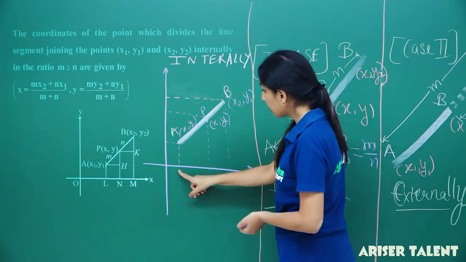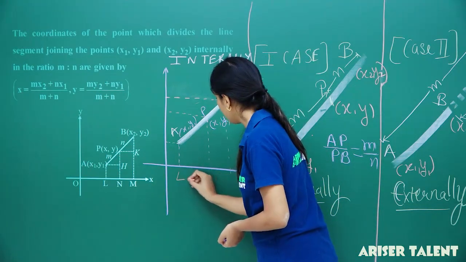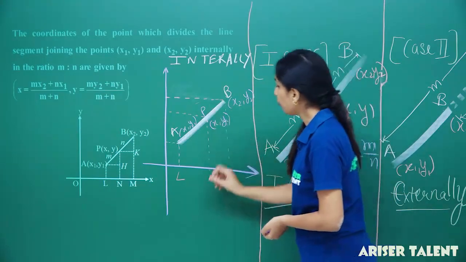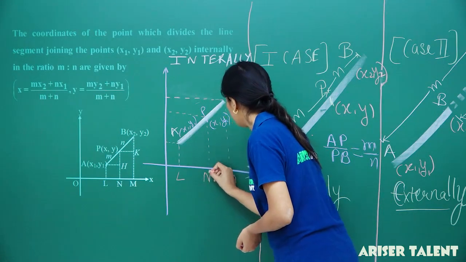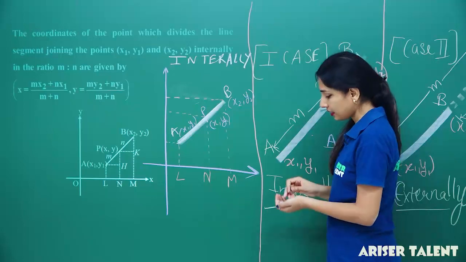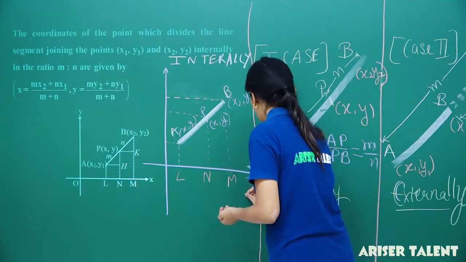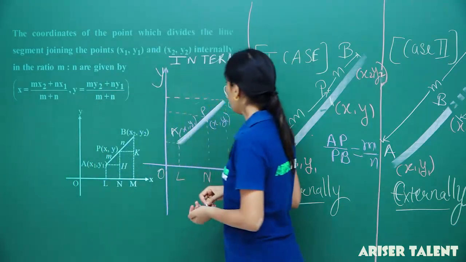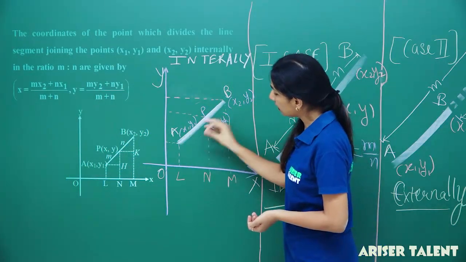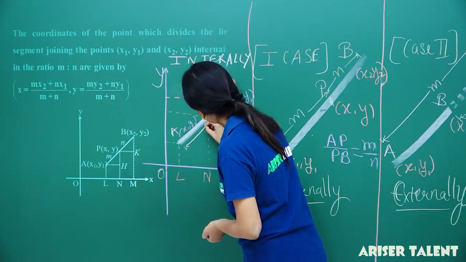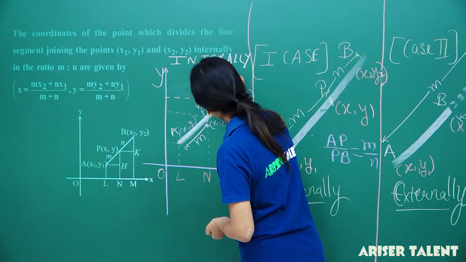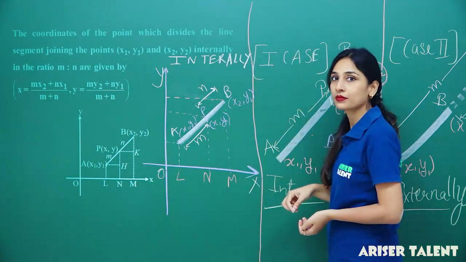Now, this point I'll call L and M, the points A and B. And for P, let's suppose this is N, because after M I can just take. Now, this is the x-axis, this is the origin, and this is the y-axis. Now, this complete distance is M, and this complete distance is N.